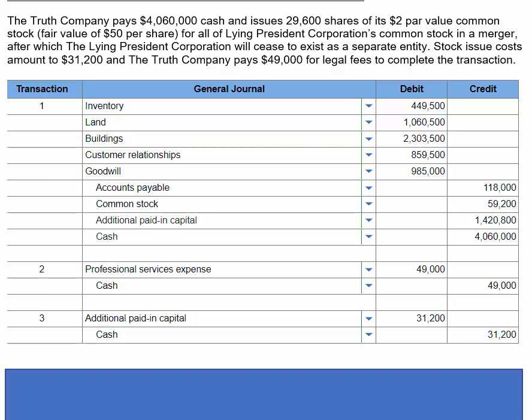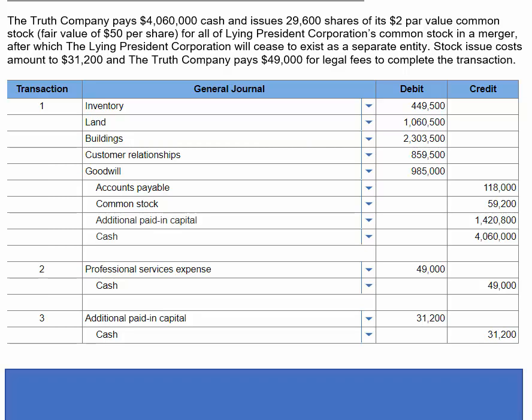Now, in this example, these entries were made in 3 separate transactions. You could have combined them all in one, right? You could have netted the cash and netted the additional paid-in capital, but I think it makes more logical sense to record the acquisition at fair value and recognize goodwill, and then after we do that, show expenses that are paid and any stock issuance costs that are paid.